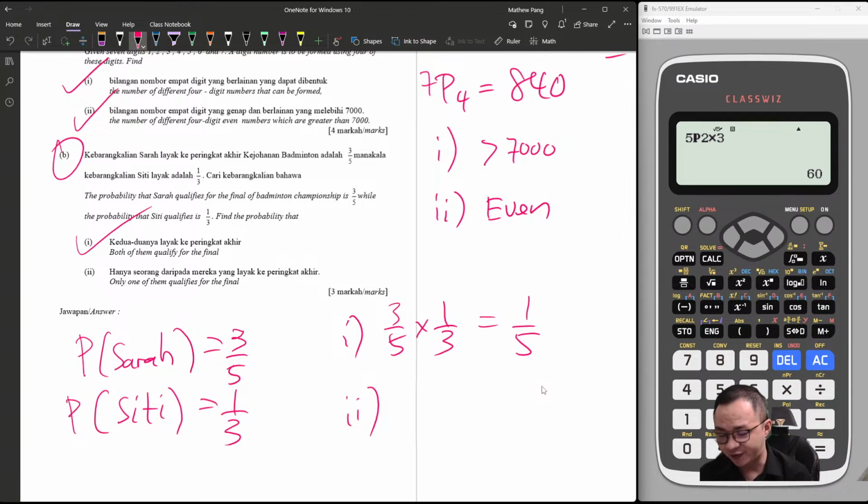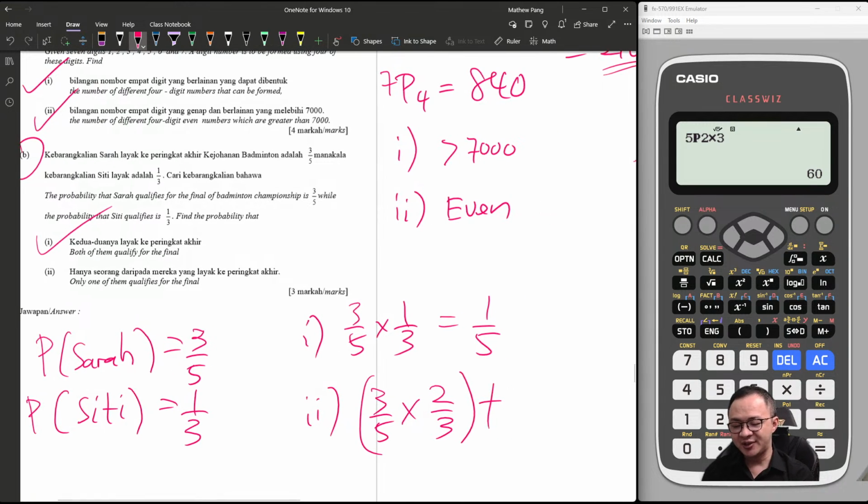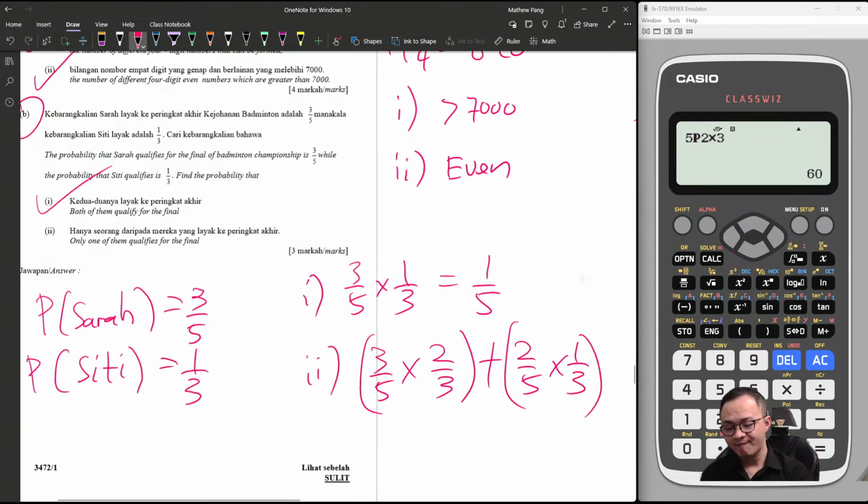Only one of them qualified. So that means if Sarah qualified, Siti will be disqualified, right? Sarah qualified is 3/5, Siti disqualified is 2/3. If Siti qualified, then Sarah must be disqualified, right? So 2/5 multiplied by 1/3.